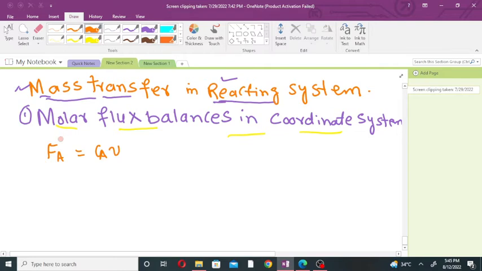We also know from Fick's law that the molar flux of component A is denoted by Na, or we can also denote it by Wa.